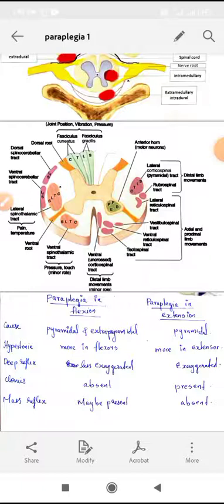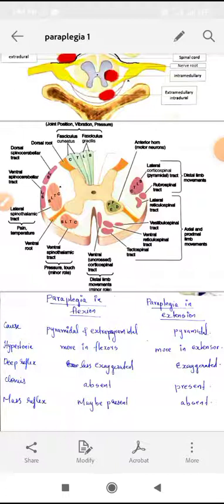Hypertonia is more in flexors in paraplegia in flexion, and more in extensors in paraplegia in extension. Deep reflexes are less exaggerated in paraplegia in flexion and more exaggerated in paraplegia in extension. Clonus is absent in paraplegia in flexion and may be present in extension. The mass reflex may be present in paraplegia in flexion and is absent in paraplegia in extension.